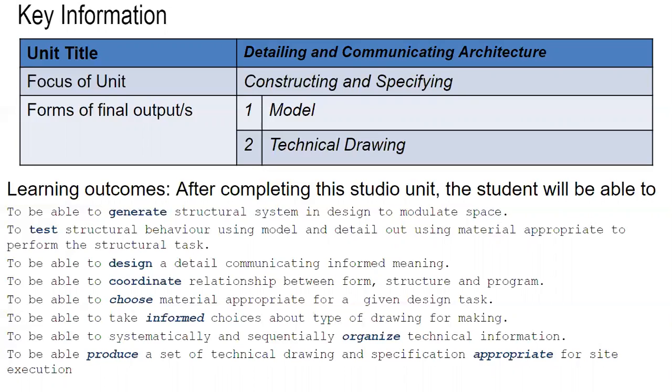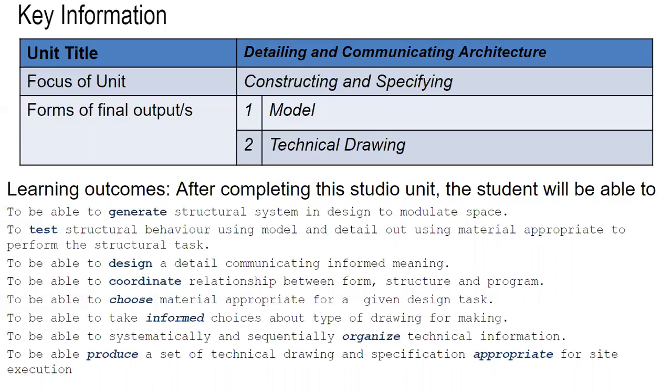So the learning outcomes are to be able to generate structural system, to test structural behavior, to design a detailed communicating informed meaning, to coordinate relationship between form, structure and program, to choose material appropriate for a given design task, to take informed choices about type of drawings for making, and to systematically and sequentially organize technical information and produce a set of technical drawing and specification appropriate for site execution.